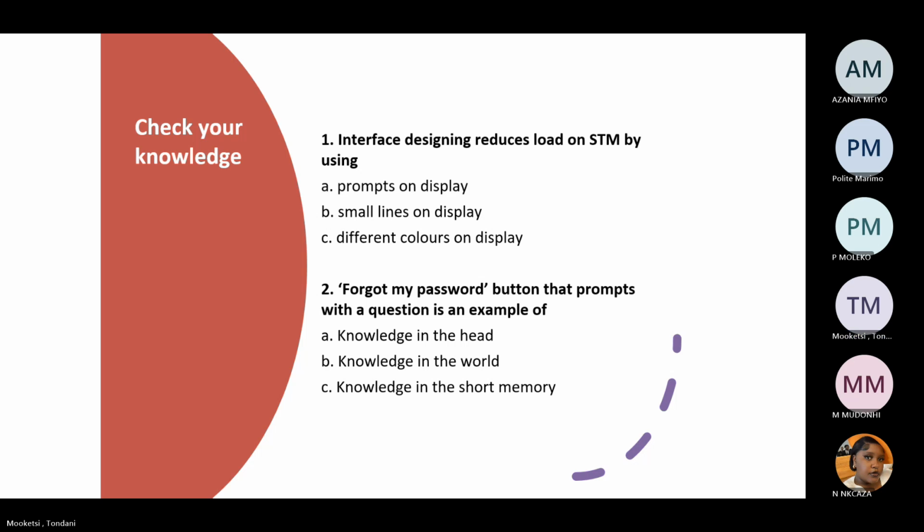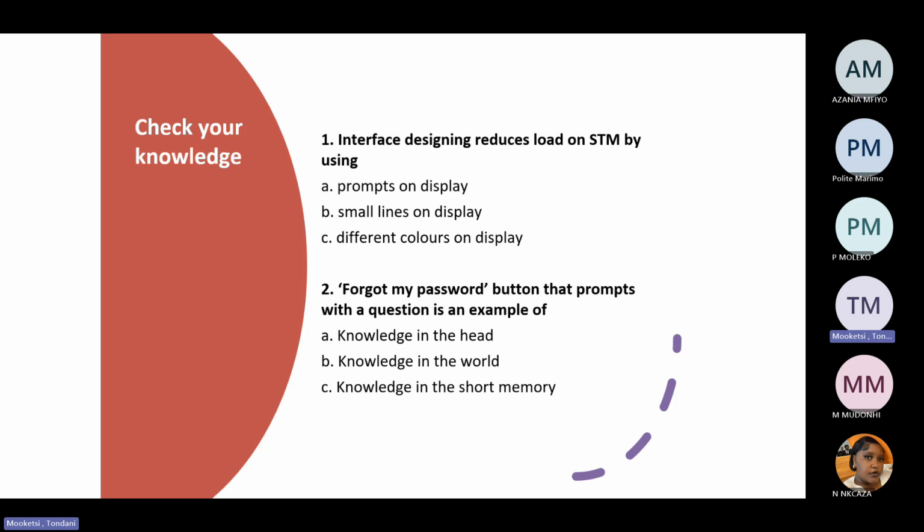And then number 2, forgot my password button that prompts with a question is an example of A, knowledge in the head, B, knowledge in the world, or C, knowledge in short-term memory. I'm sure when you're using different apps or websites, you've seen an option where just below the login, there's usually a button for forgot my password where you can click on it to reset your password.